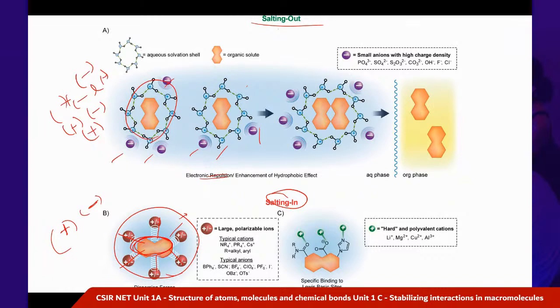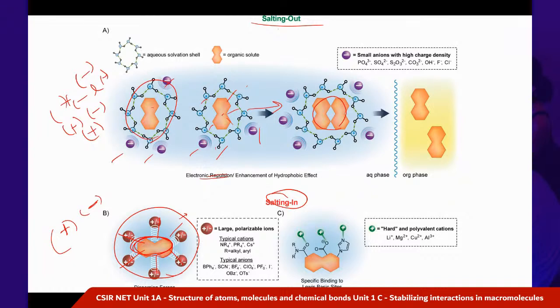So electrostatic repulsion has decreased. And the protein molecules, which were initially interacting with water, are now not able to do so because the waters are interacting with the ions. That's why the protein molecules will now move closer to each other.